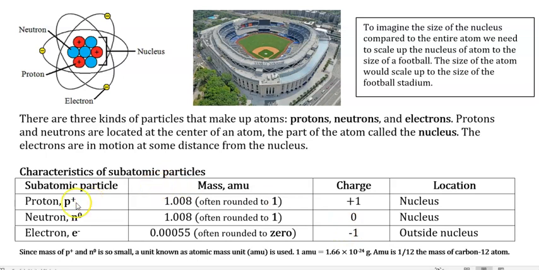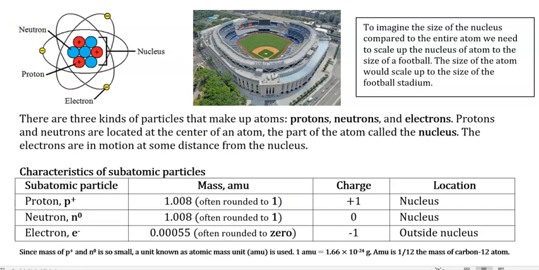As you can see, the charge of a proton is plus 1, or 1 positive, and the charge of a neutron is 0. That's why the proton is a positively charged subatomic particle of the nucleus, and the neutron is a neutrally charged subatomic particle of the nucleus.